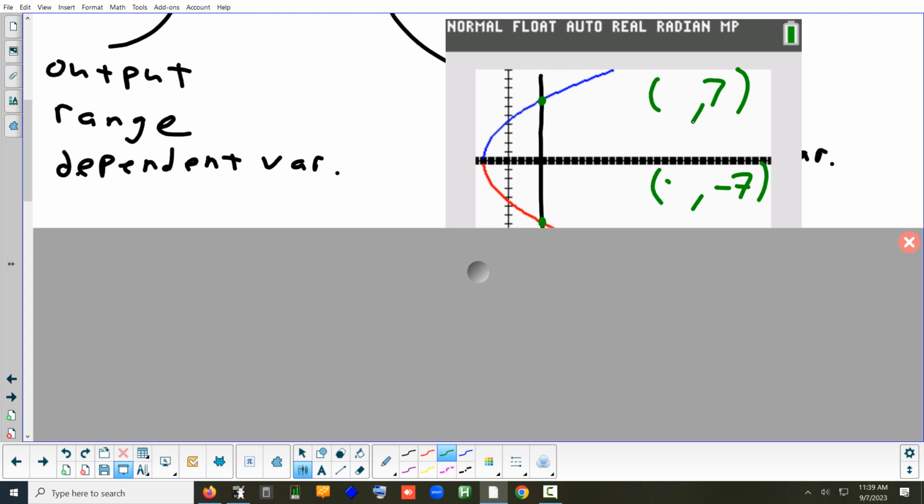I'm not really concerned with the number. But how does the x value that you put here compare to the x value that would go here? Yeah? It'll be the same. They would be the same, and that's the problem. If you can put a number here and you get two different answers for that number, that means your graph is not a function.